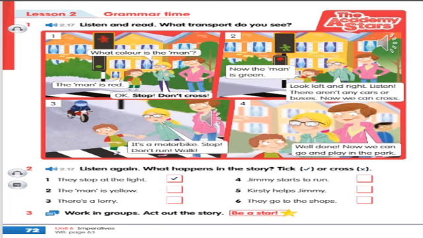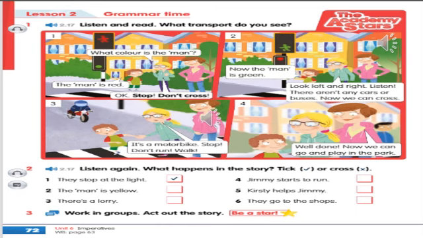If it's red or green, if the man is red, we should not cross. But if the man is green, we can cross the road. So they stop at the light. Here they answered tick. This is true.